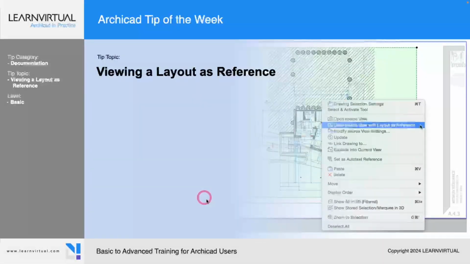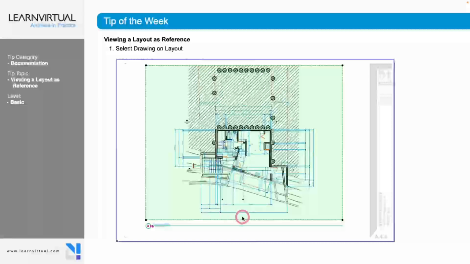All right. Our tip of the week this week, we're going to go over viewing a layout as a reference. This is normally one of the first questions I get as we're going through the basic training things, because graphically, it is a great strength and it's going to make things look clean and organized and professional when all of your drawings are laid out on your sheet in the same position.